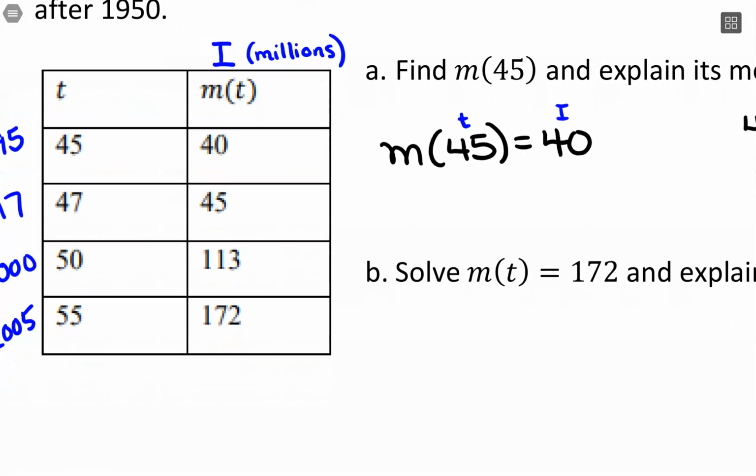Looking for m of t equals 172. What we're trying to do is find what value for t we need to get 172. Again, this idea of solving for our input value, we might end up with more than one answer. As we can see from our table, this output of 172 only occurs once, and it occurs when t is 55. So now we know t of 55 gives us a value of I of 172.